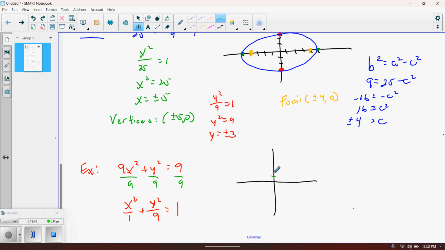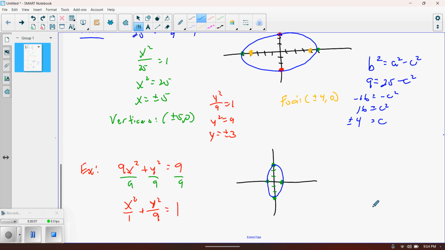So we're going to go 1, 2, 3, 1, 2, 3, positive and negative 3. That's going to be my major axis. And then if you look at your b squared value, which is 1, taking the square root of that will give you positive and negative 1. So it's going to look something like that. And then we will sketch our ellipse right through there.